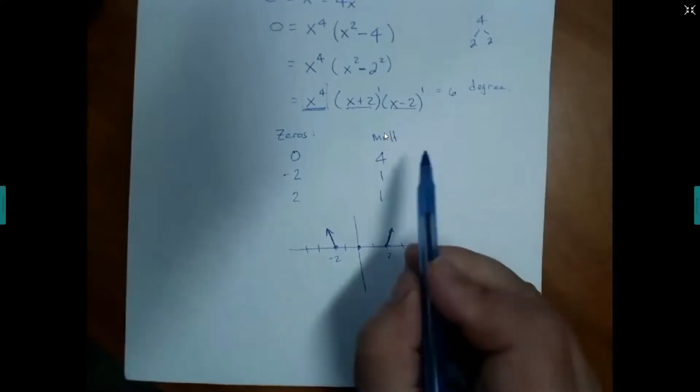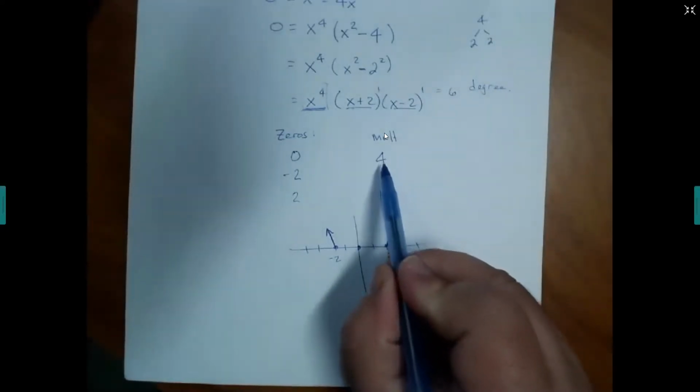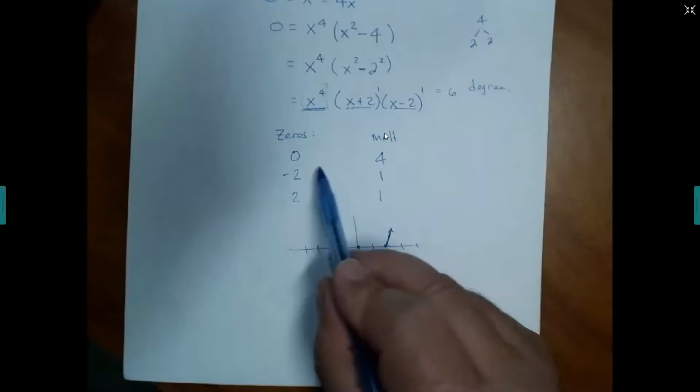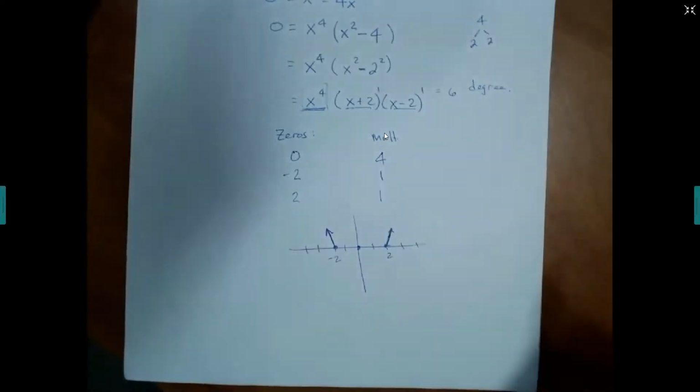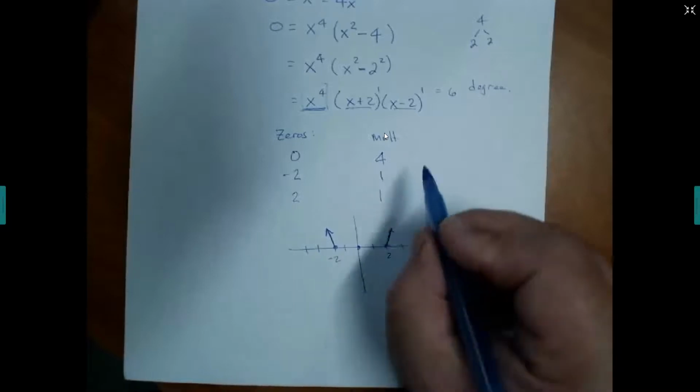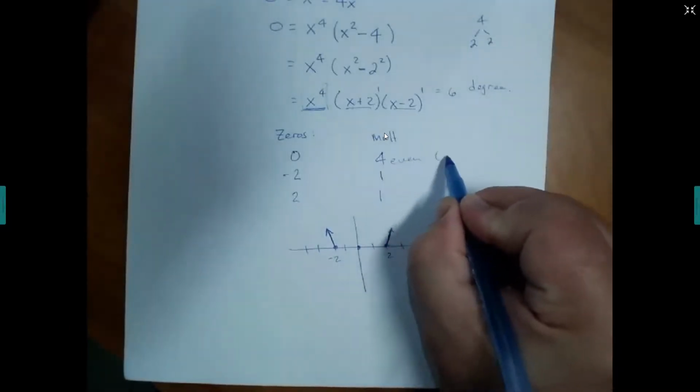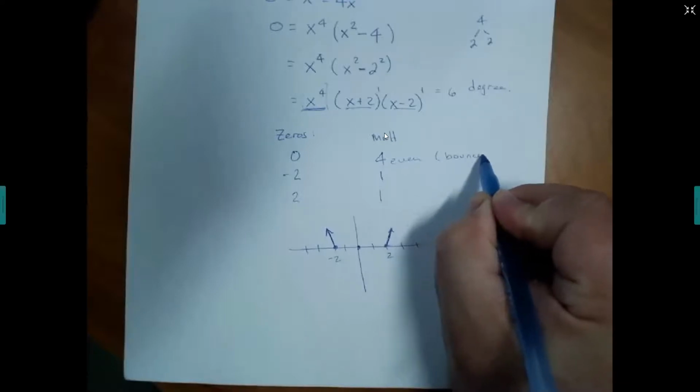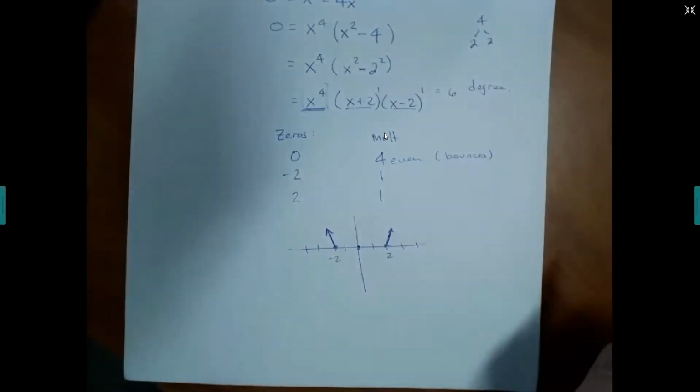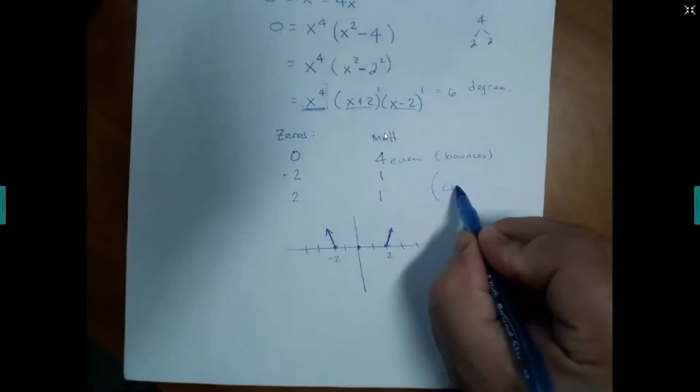What happens at 0? Does it bounce or touch? It's even, so it bounces. And these two, it crosses.